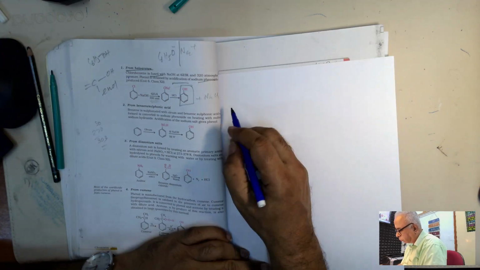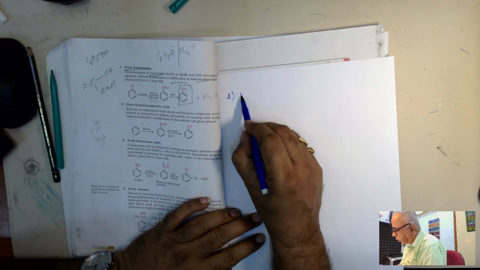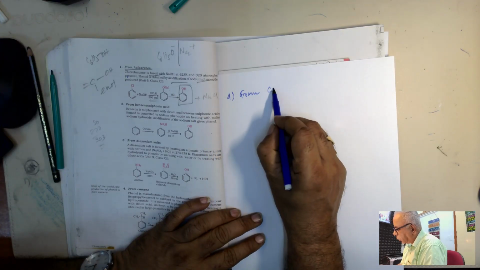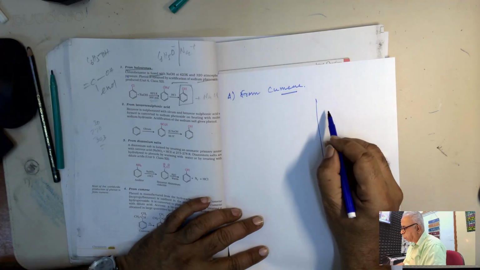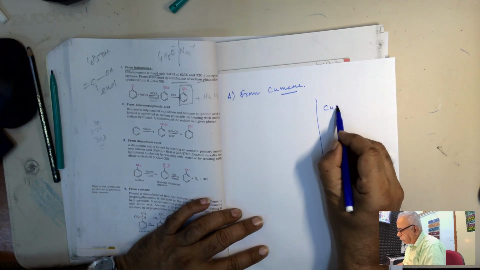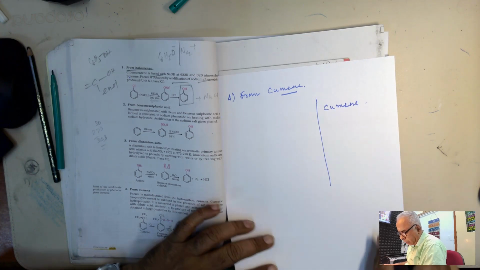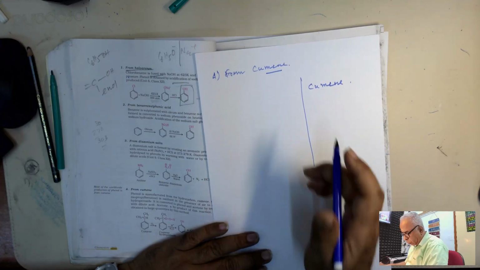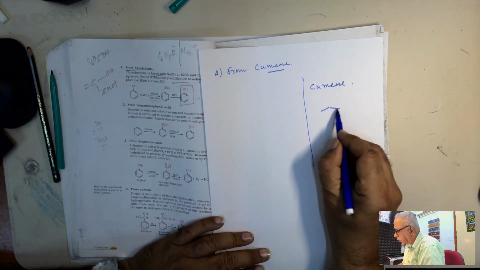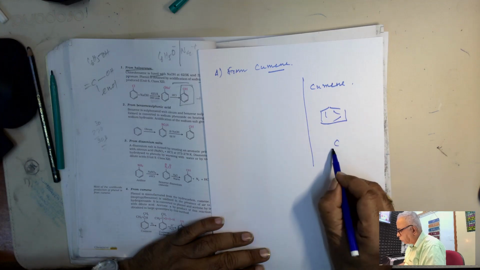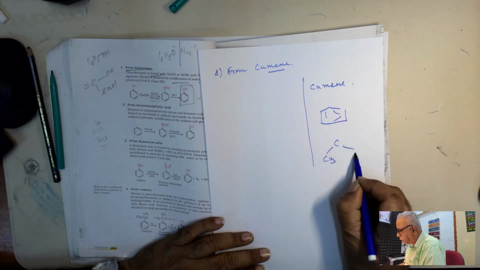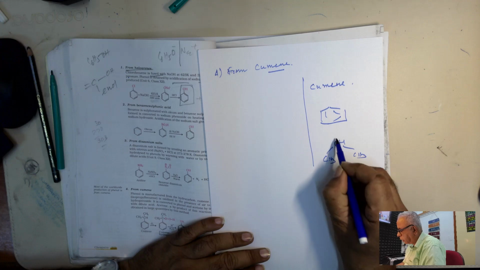Now the fourth one, the fourth method, from cumene. Now let us analyze what is cumene. Cumene is nothing but isopropyl benzene. You know benzene, okay? And isopropyl means what? This is the isopropyl group, CH3, CH3, CH.